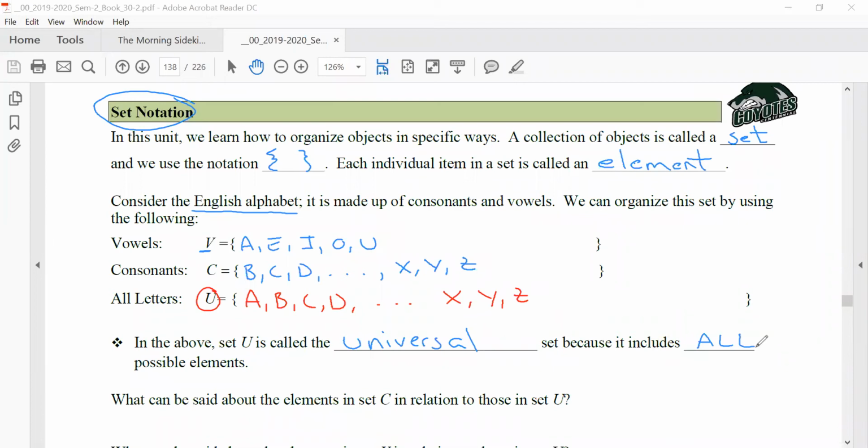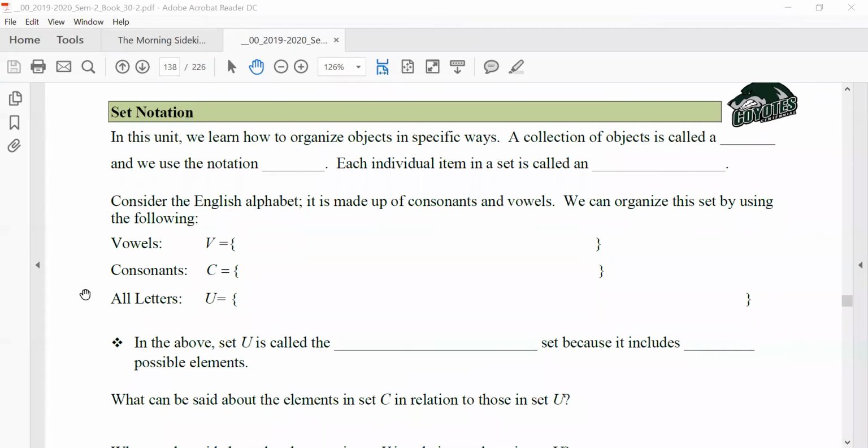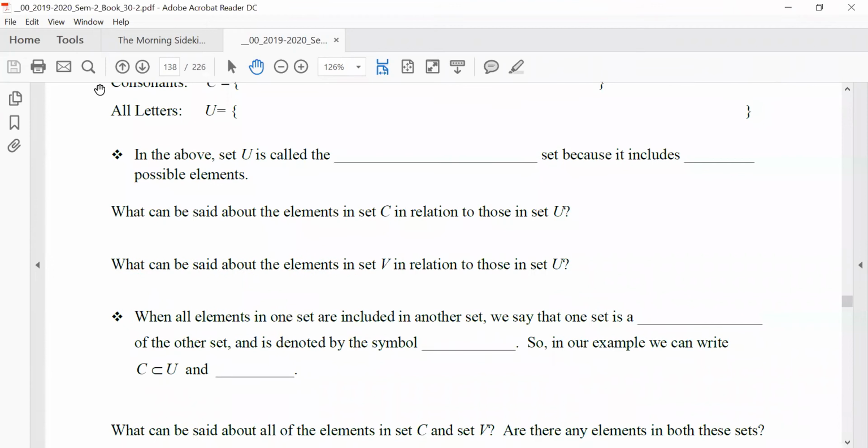Okay, so we're going to keep thinking about our universe, which is a bit strange because it's not looking up at the stars and the heavens. Our universe will change on every question. Now, in the question above, U is called the universe because it includes all elements.